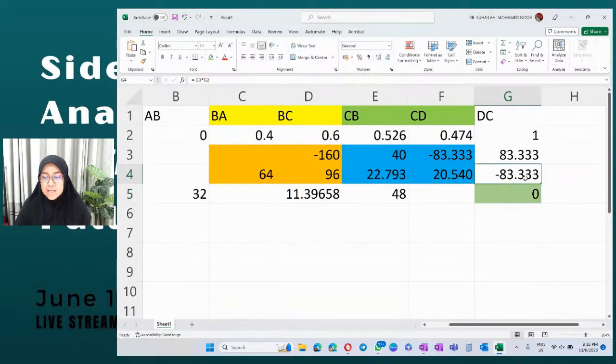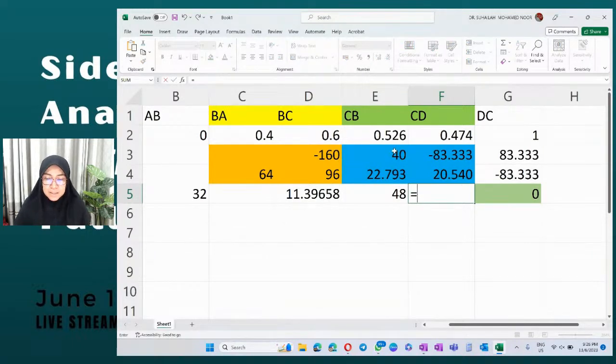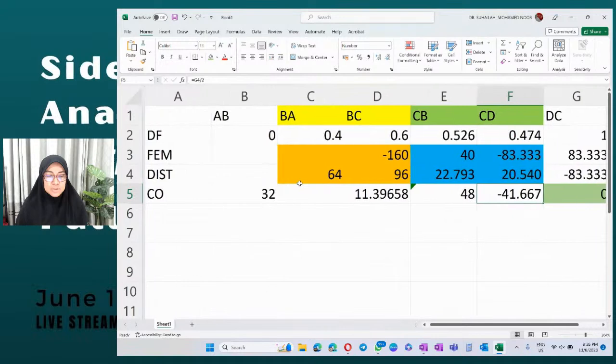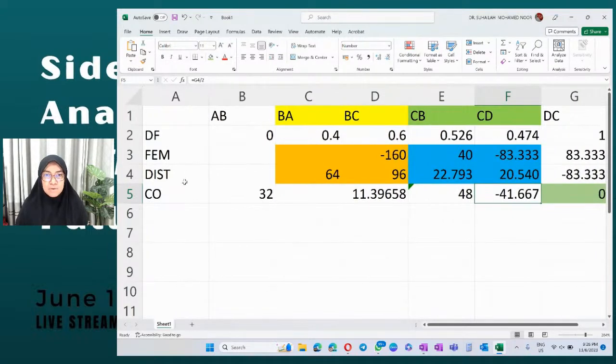And the negative 83 here has to be carried over. The factor is 0.5, so it is divided by 2, to 3 decimal places. So this is distribution and carry over.